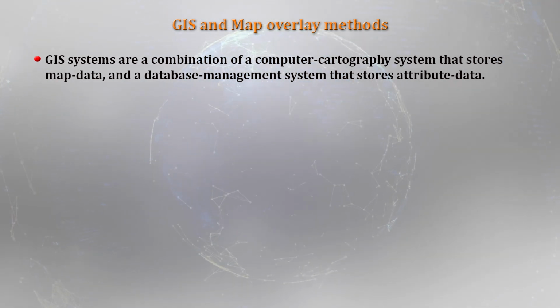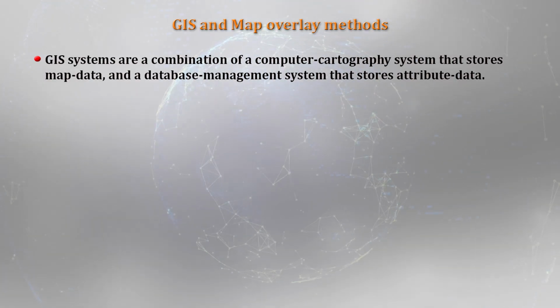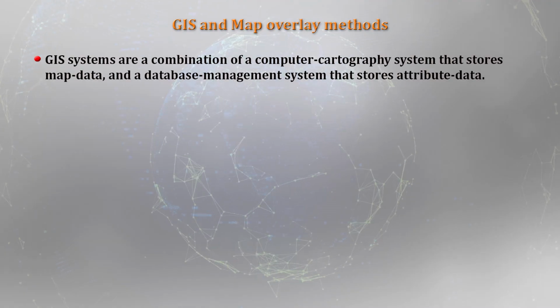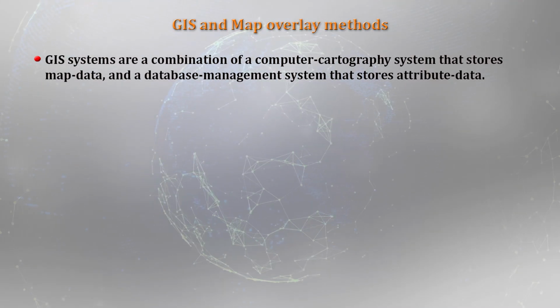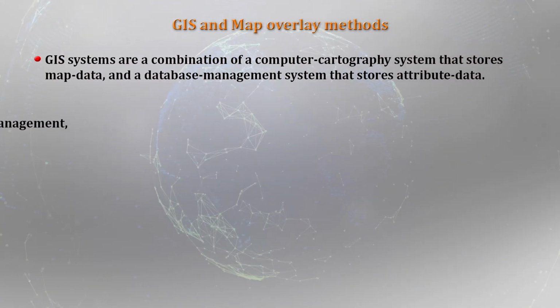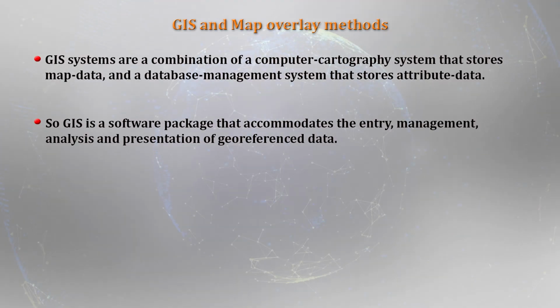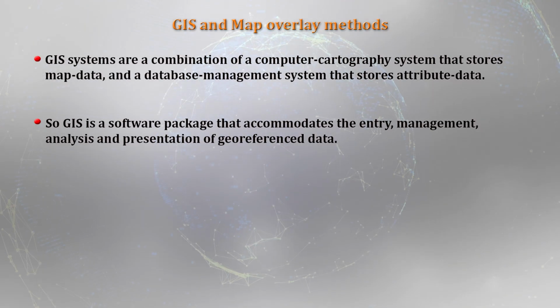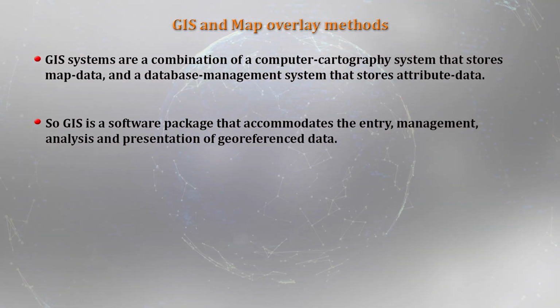In other words, the data has two components, the spatial component and the attribute data, and it is well managed using a DBMS. GIS is a software package that accommodates the entry, management, analysis and presentation of georeferenced data.